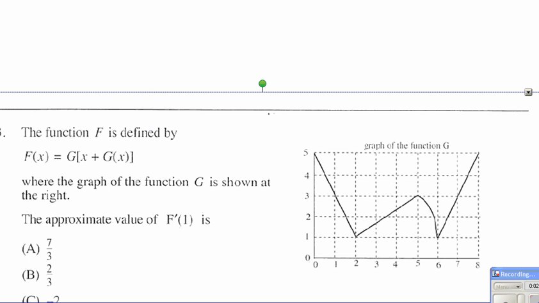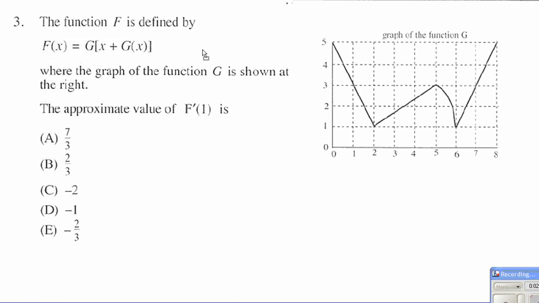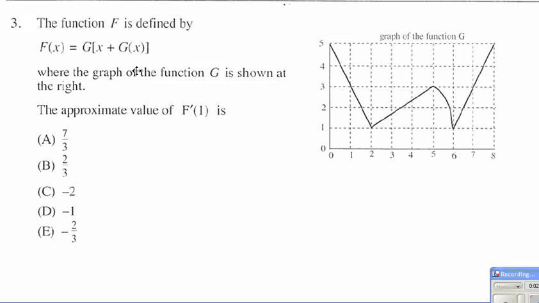Now, the next question. Now, this is a function given in this way. Now, we want to figure out the approximate value of f prime of 1. Now, to calculate f prime of 1, first we have to calculate f prime of x.